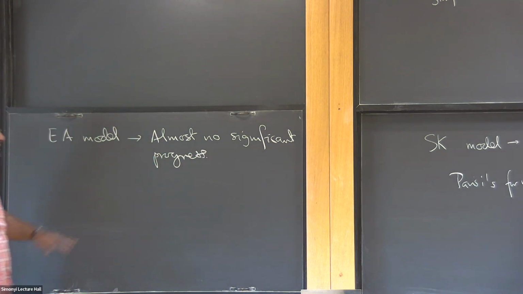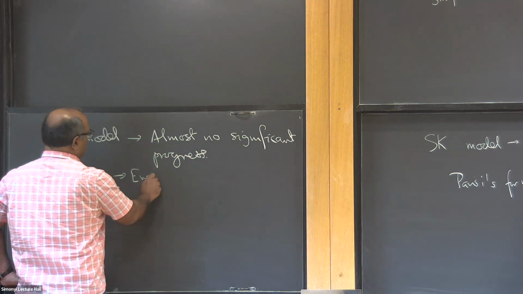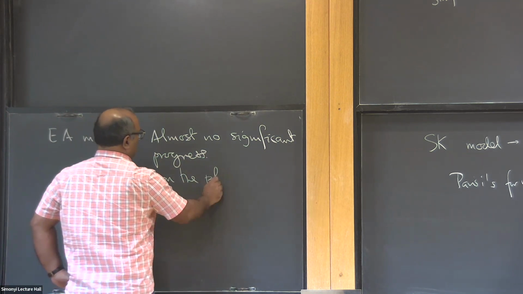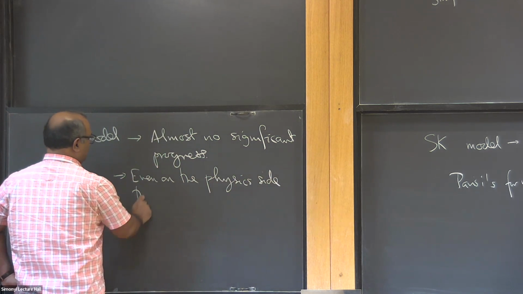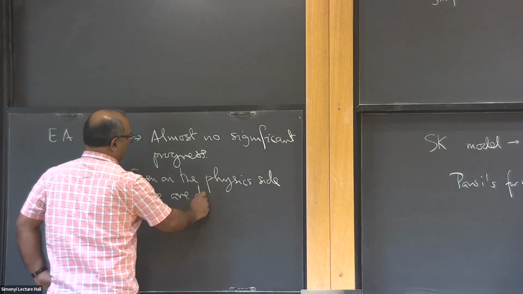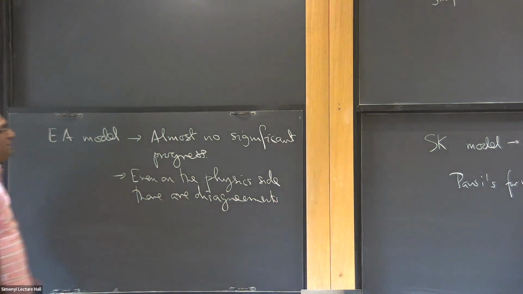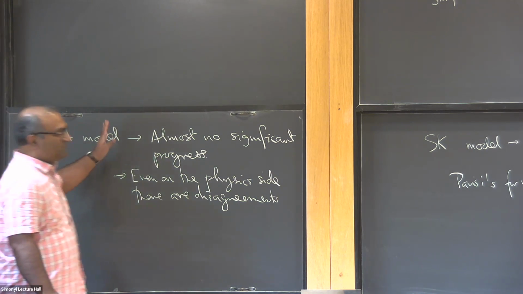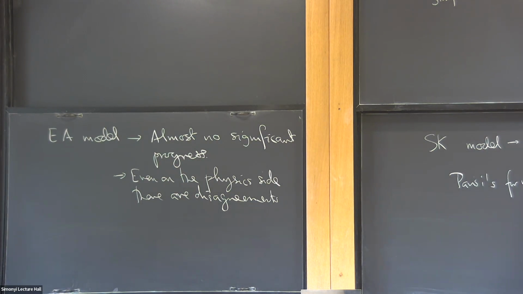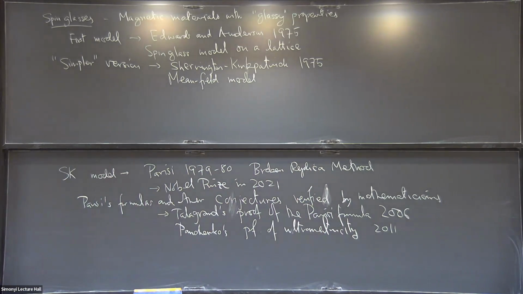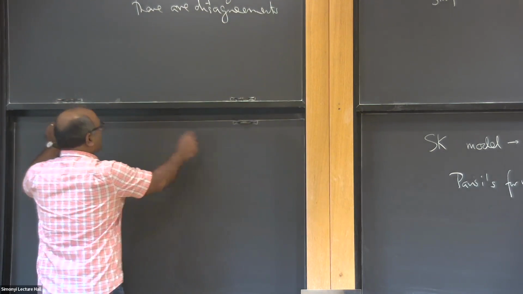This has remained almost completely intractable, and even on the physics side, there are disagreements. Even on the physics side, there are significant disagreements between various groups of physicists, and it's not clear what the true picture is. So let me now introduce this model and tell you what I was able to prove last year.